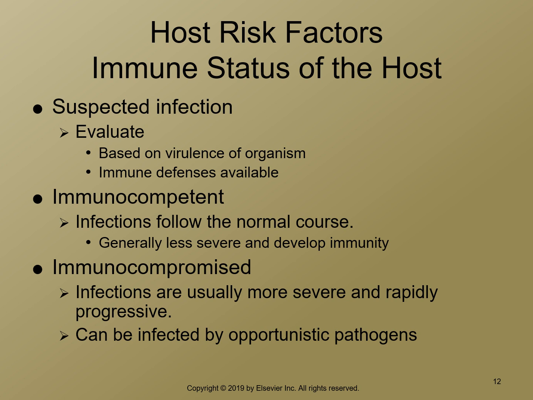In immunocompetent individuals or healthy patients, infections normally will follow a normal course, so it will be less severe, and then the patient develops immunity after the infection. As we know, with immunocompromised individuals, the infections are usually much more severe and they'll progress rapidly. With these immunocompromised or suppressed patients, they can also be infected by opportunistic pathogens or normal flora, whereas immunocompetent patients are usually infected with those primary pathogens that have a higher virulence.